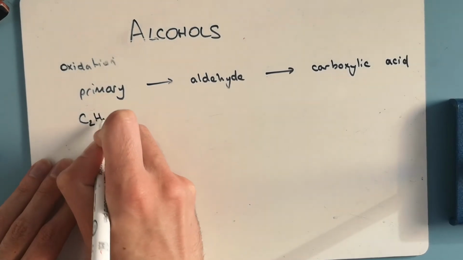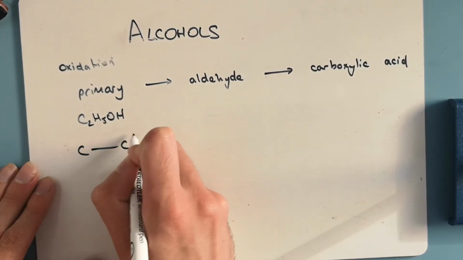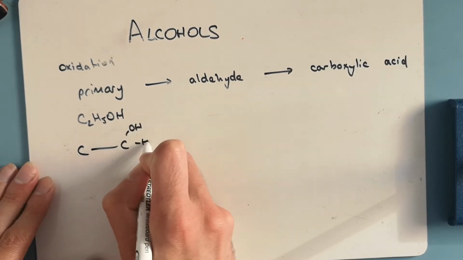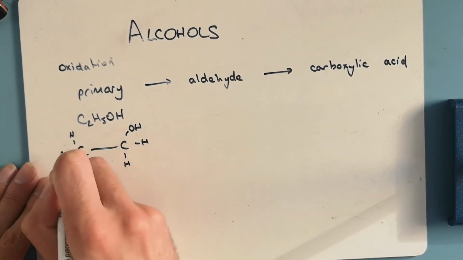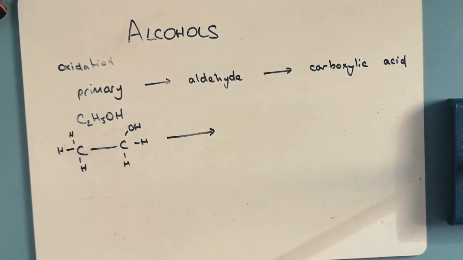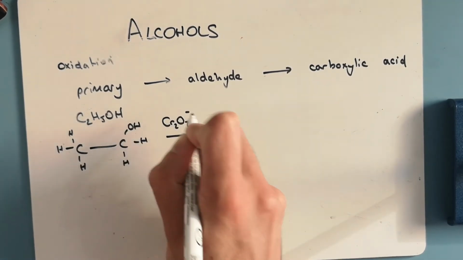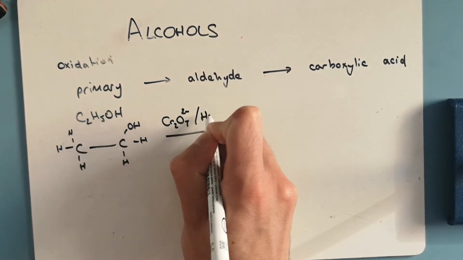I'll take my ethanol again. I should draw the structure out really. So we've got our carbon, we've got OHs, and what we're going to react this with is acidified potassium dichromate. So Cr2O7 2- ions in an acid environment.